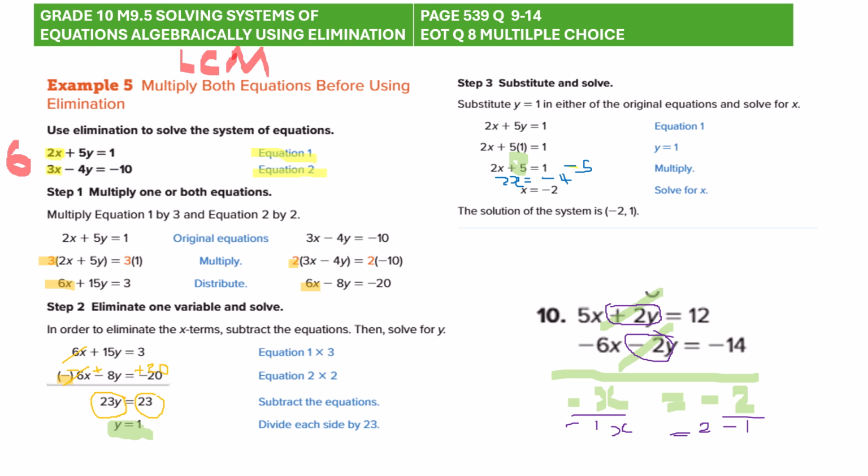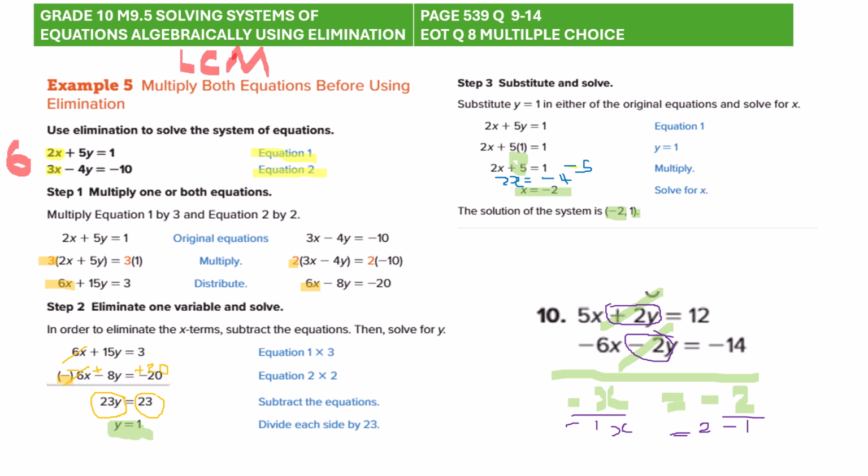Divide by 2 on both sides, we are left with x is equal to negative 2. So the solution for this system is x is negative 2 and y is 1.